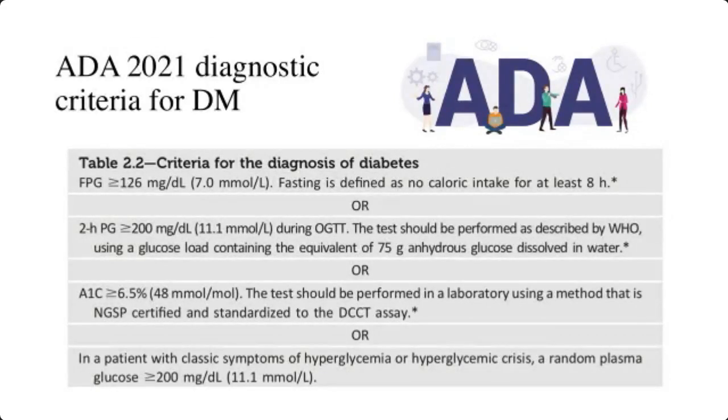Since 2010 till 2021, it is the same criteria: the fasting blood sugar more than 126, the 2-hour post-oral GTT more than 200, the hemoglobin A1C more than or equal to 6.5, or a person with symptoms of hyperglycemia with blood sugar more than 200.